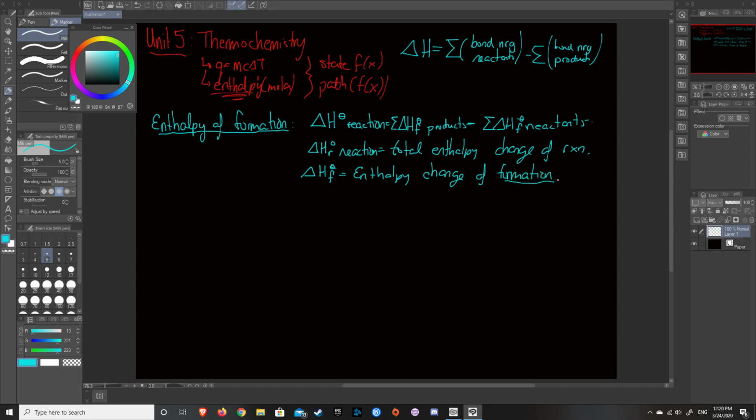So in order to define what the enthalpy change of formation is, let me just do a side note right here: this is included in section 12 of your data booklet, which of course is your most important booklet for paper 2 and paper 3. Section 12 of the data booklet.